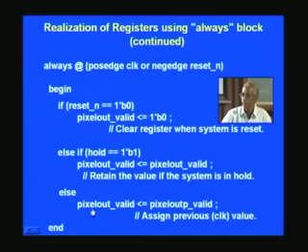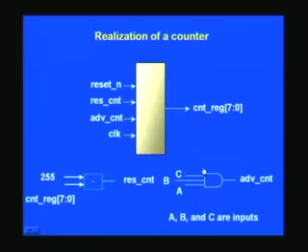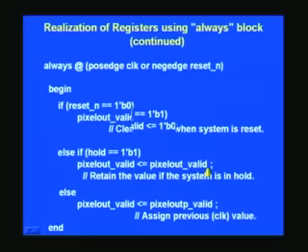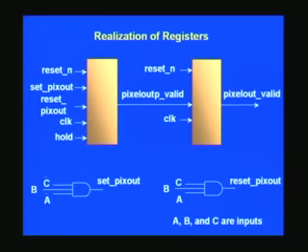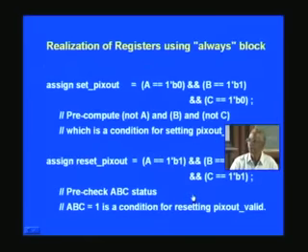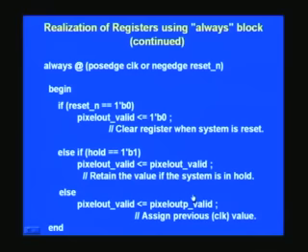In this case the difference is the final output is pixel out valid, and whatever is the input happens to be the previous value in the diagram that you have already seen. That is this, and here notice that input is this P and output is without the P. So that is what we assign here.